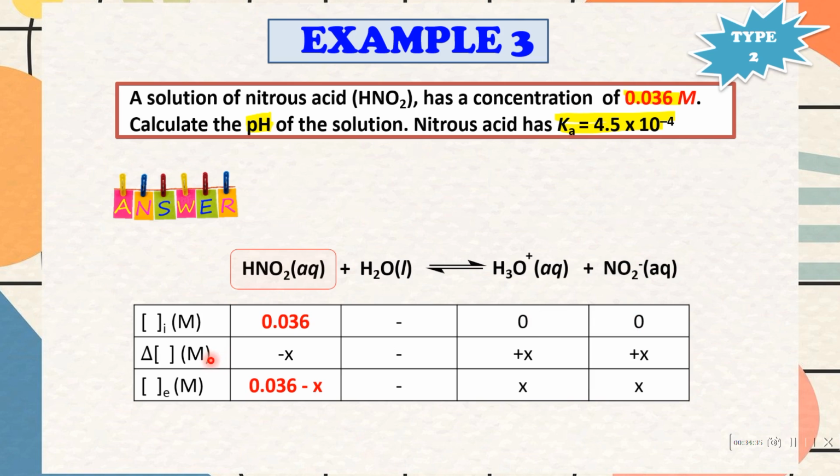For the change in concentration, HNO2 decreases by negative X, H3O plus is positive X, NO2 minus also positive X. Since HNO2 is a weak acid, it will not dissociate 100%. It will dissociate partially. So at equilibrium, the concentration of HNO2 is 0.036 minus X, and both products are X.